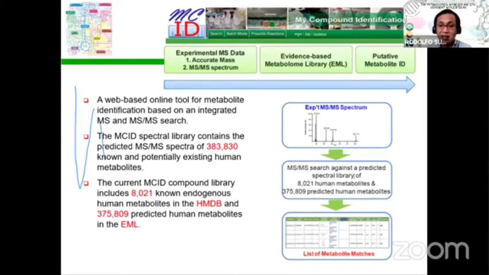Take note, this is in silico generated tandem mass spectra of close to 400,000 known and potentially existing human metabolites.